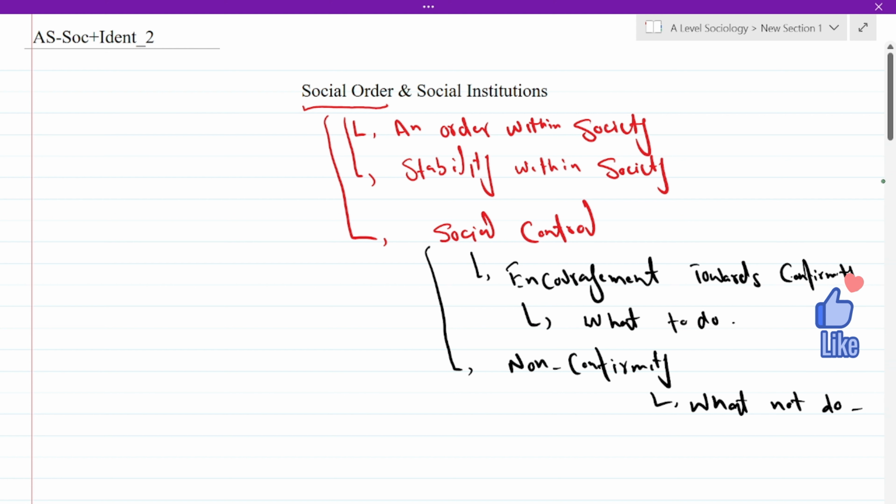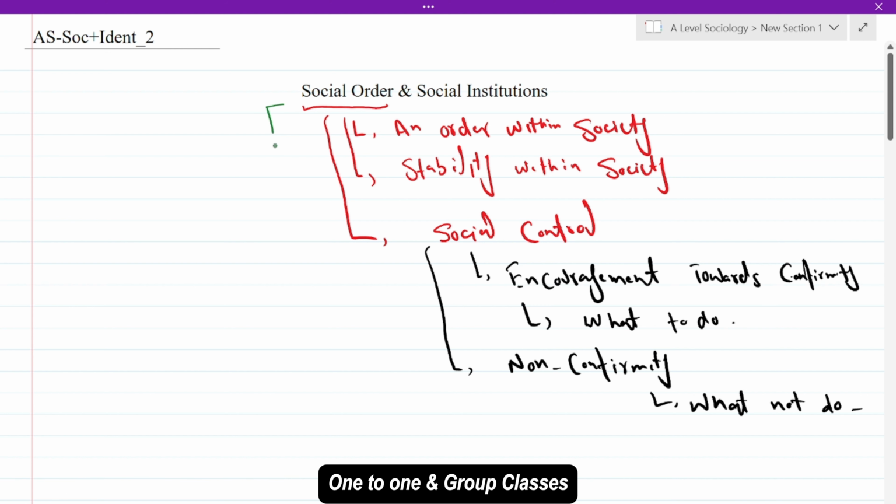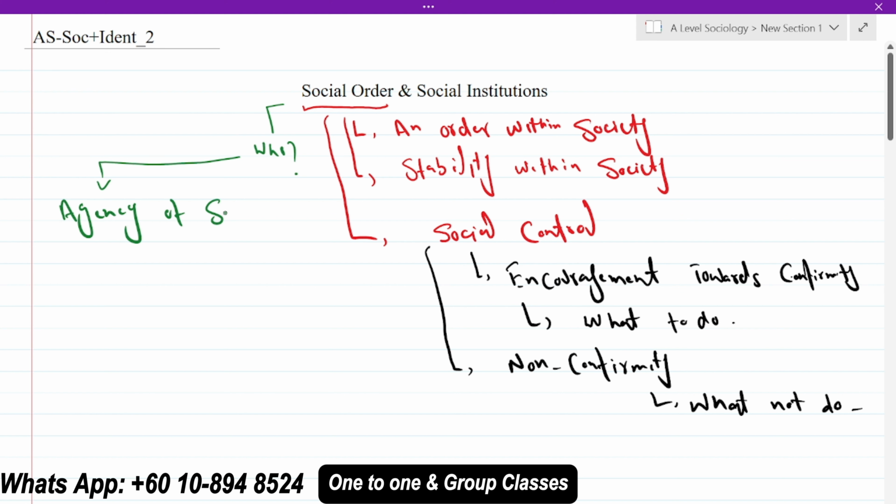The next idea is who will bring order into the society? Who will bring this order? The question is who, and we gave the answer. The answer is agency of social control.